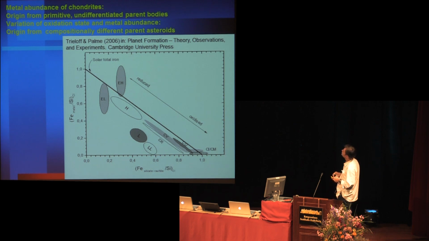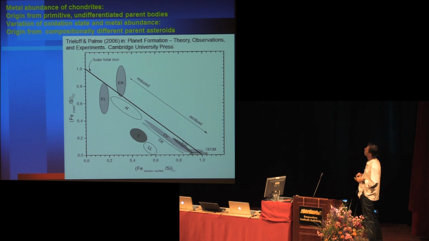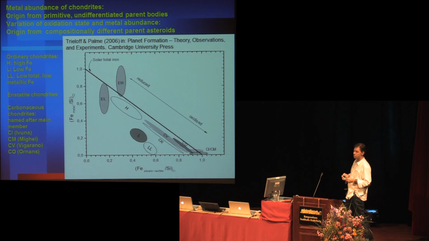Here you have the proportion of the iron in metallic form normalized to silicon and CI chondrites. Here the iron in silicate and sulfide form normalized to silicon and CI chondrites. This is a line that corresponds to solar total iron, and you can see that chondritic meteorites roughly have solar proportions of iron, but some are depleted. For example, the ordinary chondrites, which constitute a major fraction of terrestrial chondrites, can be grouped.